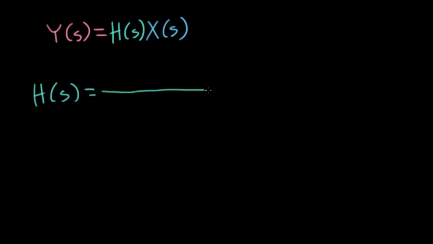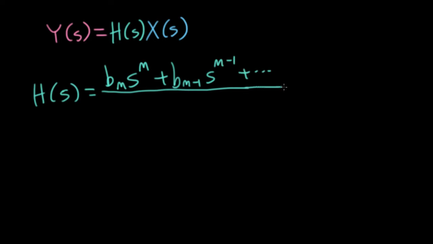So let's say I fairly generically write the transfer function as a ratio of polynomials. And not all transfer functions can be written as ratios of polynomials. We haven't generally been talking about such things, and for the most part, we won't. I just want you to know that they are out there and they do exist. Let me write b_m s^m + b_{m-1} s^{m-1} + ... + b_1 s + b_0.